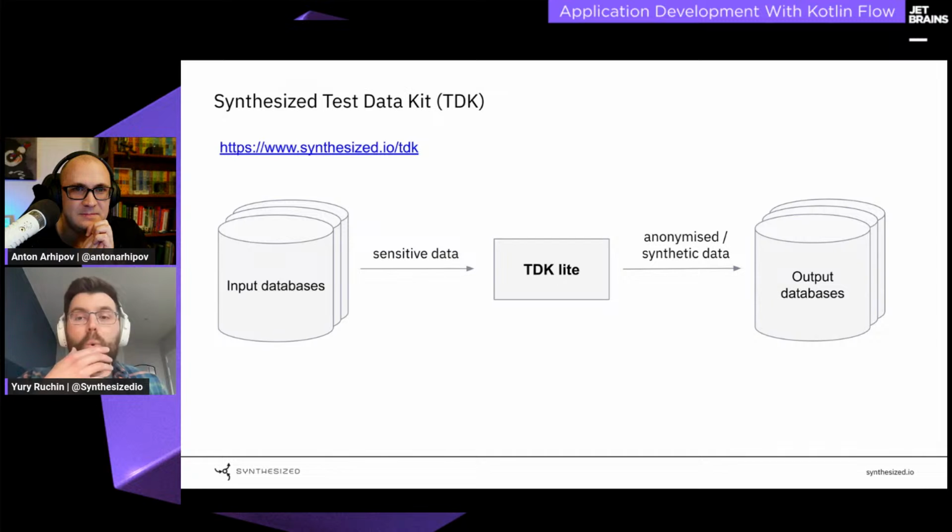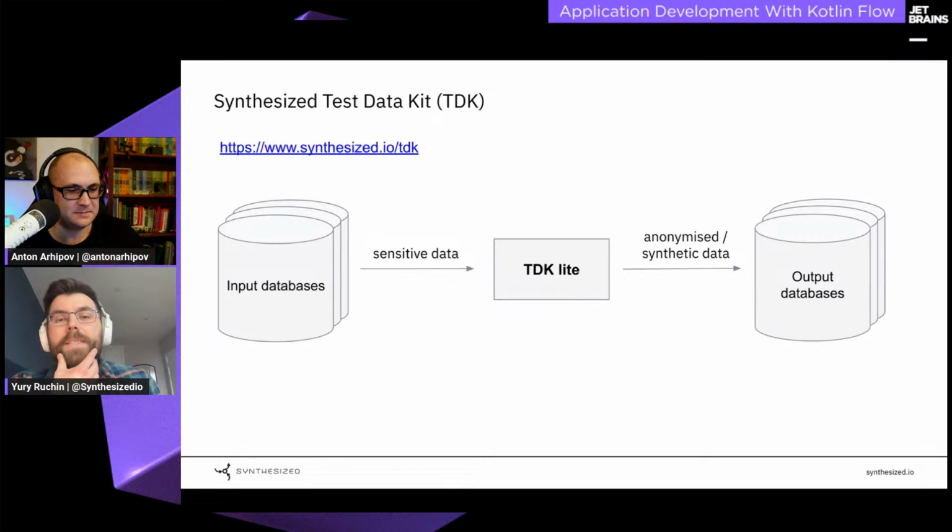All right, so the problem we are trying to solve here is, in a nutshell, very straightforward. We have a set of input databases, one or more, that contain sensitive data. And sensitive is defined very broadly here. It can be data that is subject to certain regulations.